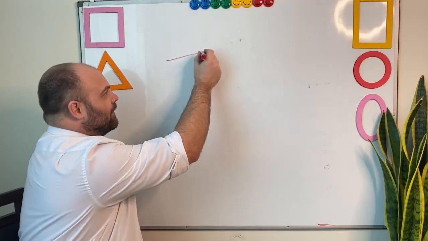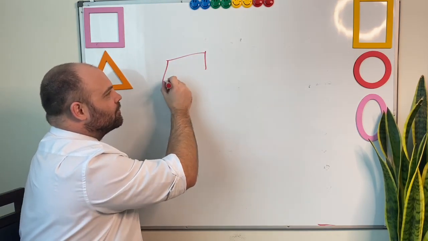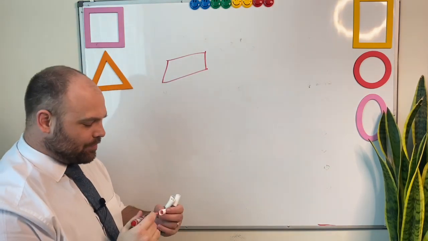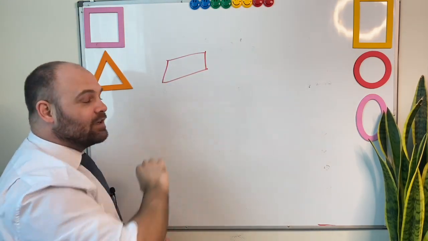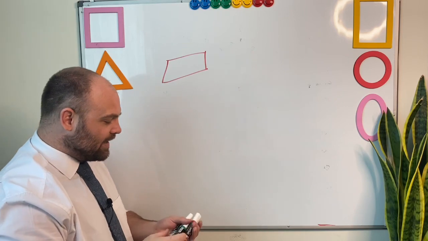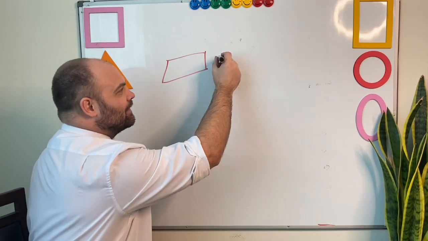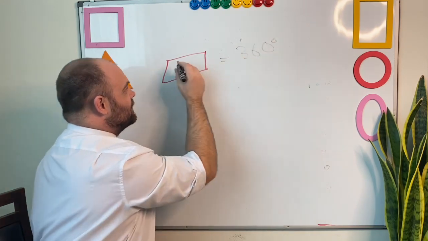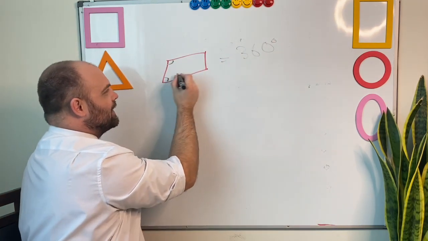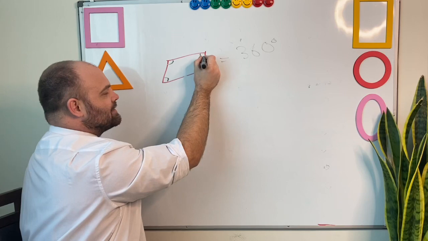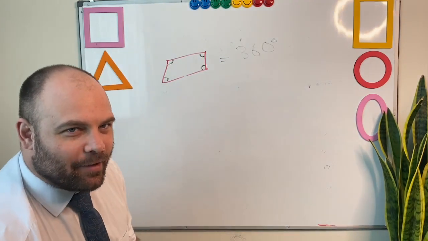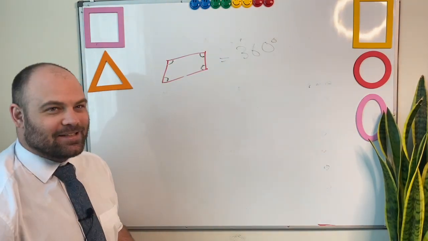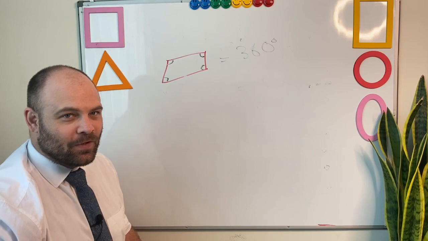Now, a quadrilateral, a four-sided shape, has four internal angles that always add up to 360 degrees. That angle plus that angle plus that angle plus that angle will always add up to 360 degrees.